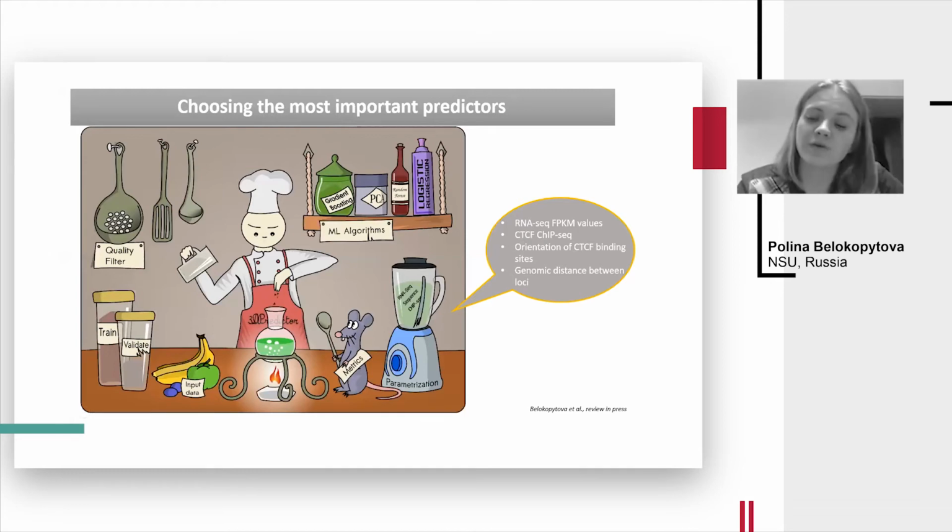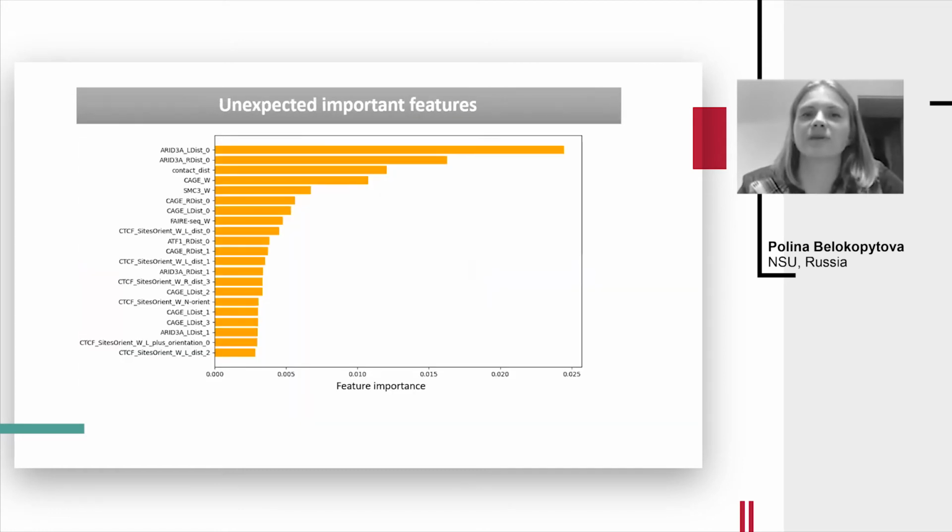But when we analyzed feature importances for different cell types, we found some unexpected results. For example, when we extracted feature importances for the K562 cell line, we found that the major predictor is the protein ARID3A, and it's strange.